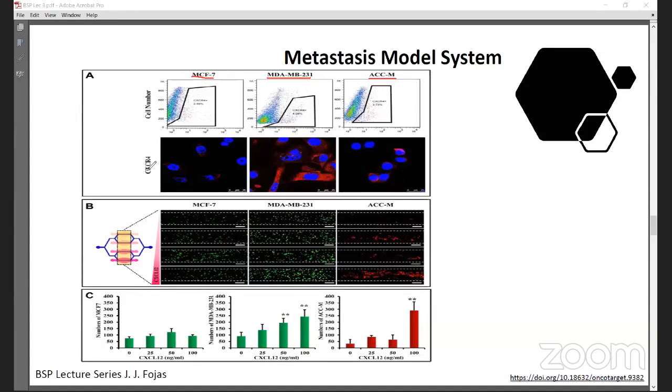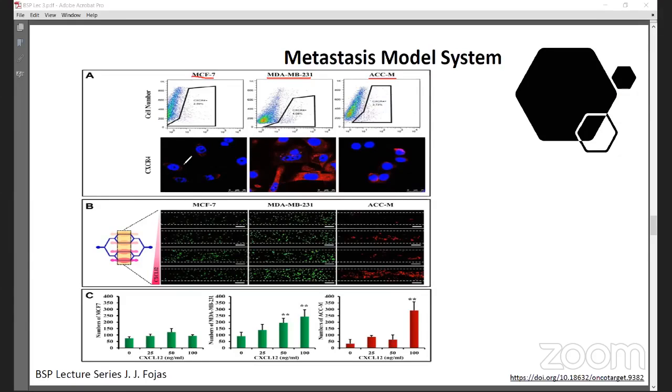Okay, so if you look at the images below, those are the detected flow cytometry and immunofluorescence staining. The red should be your CXCR4, expressed on your cell membrane, and then you have the DAPI, your blue, which is your cell nuclei.